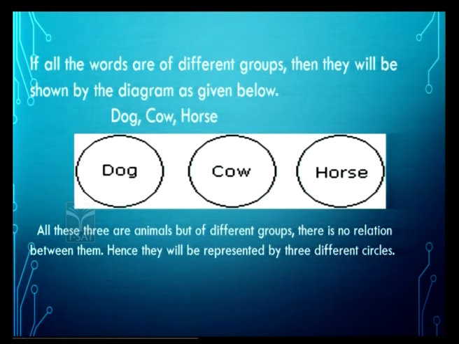There is no relation between these three animals. So, we will represent them with three different circles which are disjoint. If there is no relation between the given information, generally we will represent them with different circles.